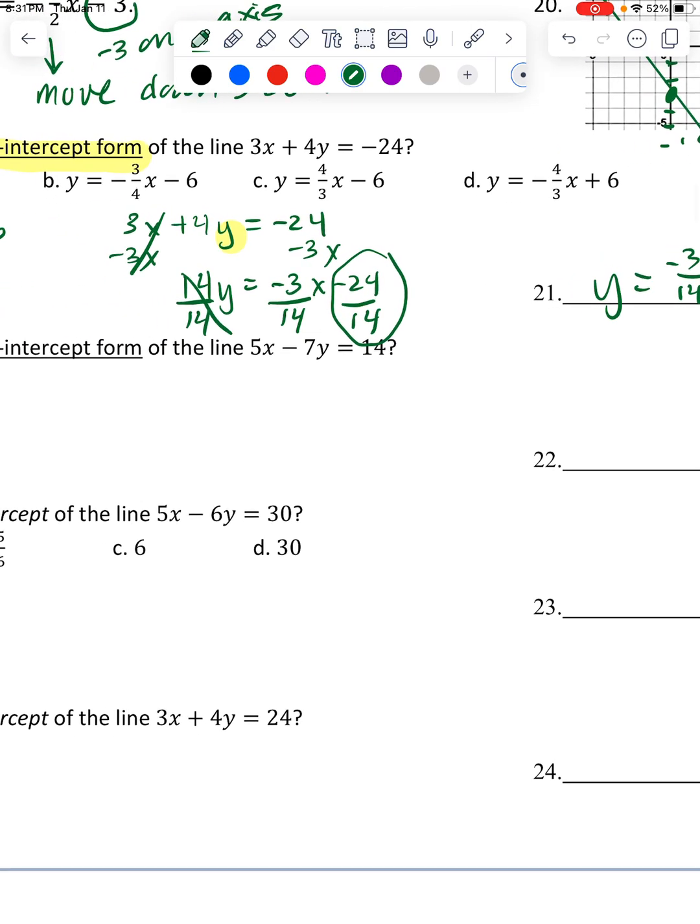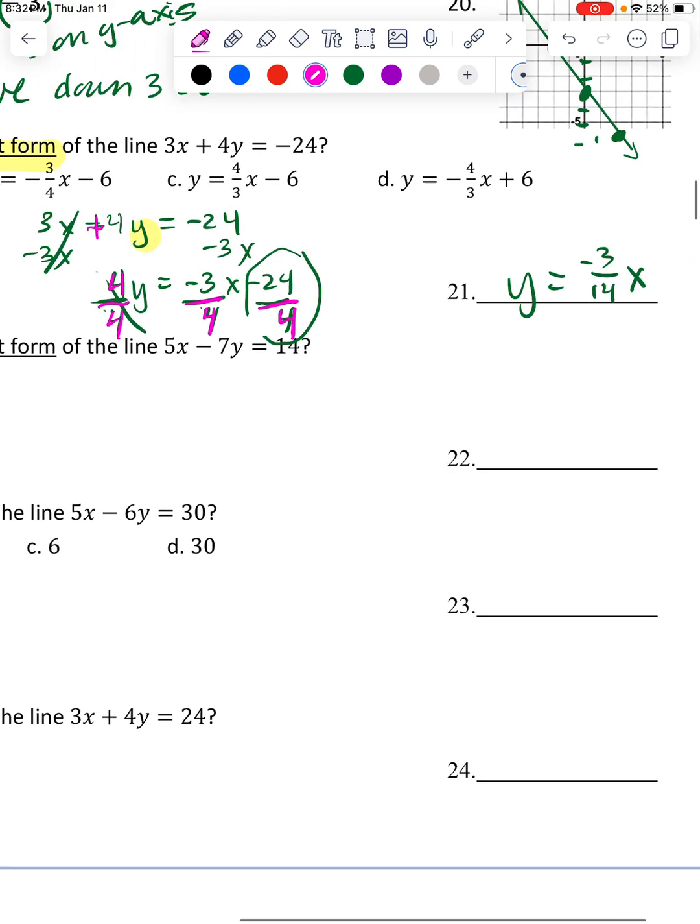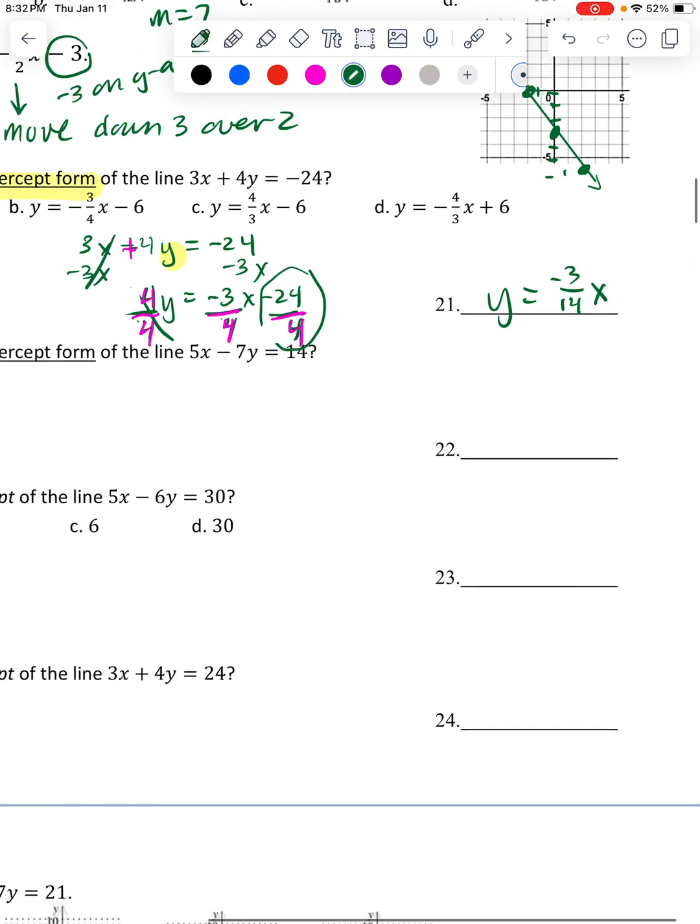Wait, why did I get a 14? Oh my gosh, I couldn't read my own writing. So if I lost you, I apologize. That should have just been a 4. So all of these would be 4s. Back here, I decided part of my adding sign was a 14, so I made that really tricky. So what I'm doing here is dividing each part by 4 instead, which makes my problem significantly less weird.